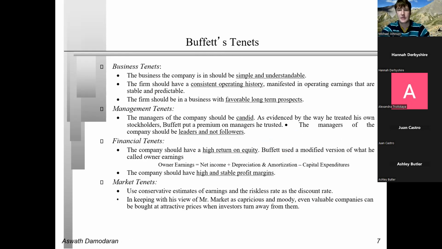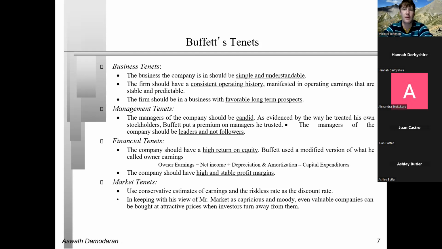Buffett's keys to success are that the business should be simple and understandable. The firm should have a consistent operating history with consistent operating earnings, and the business should have favorable long-term prospects. The managers of the company need to be trusted. They need to be leaders, not followers.